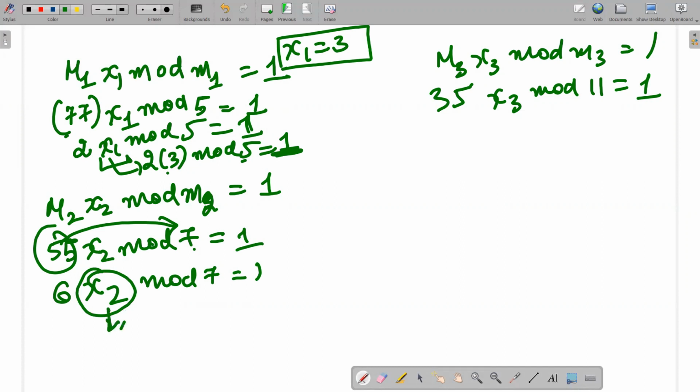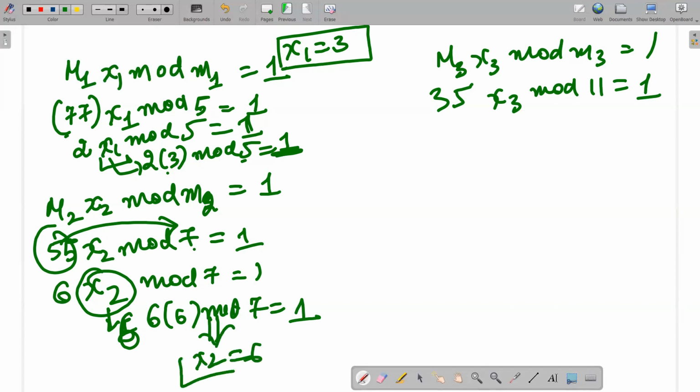If I put x2 equal to 1, the answer becomes 6. If I put x2 equal to 2, 12 mod 7, the answer is 5. If I put x2 as 5, it is 30 mod 7, and the answer is 2. If I put x2 as 6, 6 multiplied by 6 is 36, and 36 mod 7 is actually 1. So x2 is equal to 6 and x1 is equal to 3.